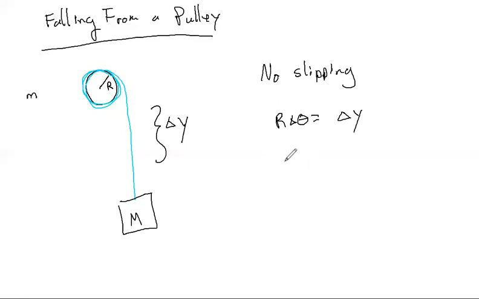Similarly, we can say things like r times omega equals the velocity of the falling mass, and similarly, r times alpha equals the acceleration of the falling mass. That's what the no slipping condition allows us to immediately conclude.